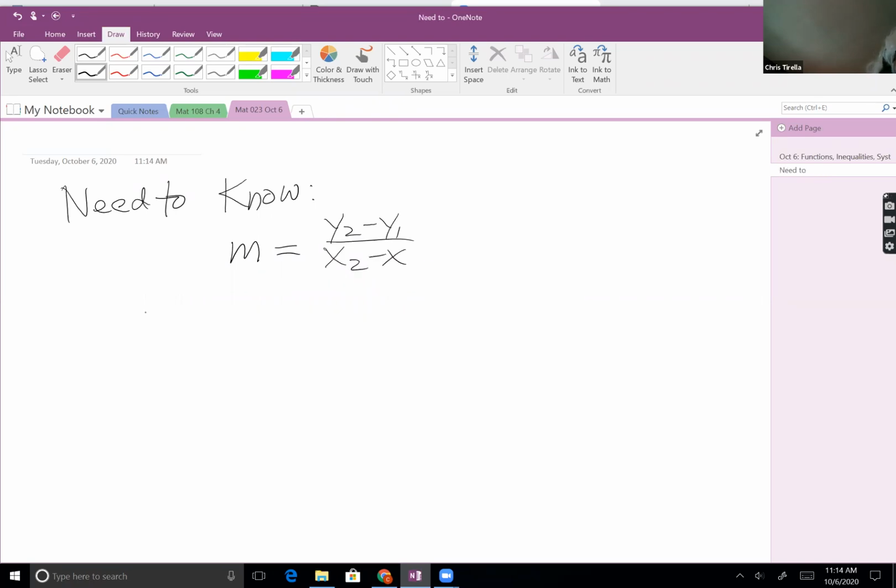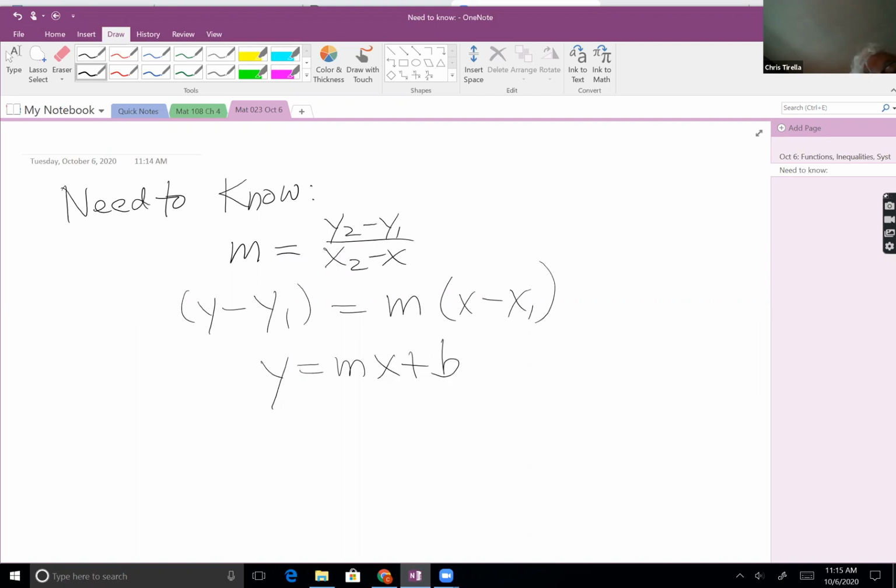You need to know the point slope formula: y minus y1 is equal to m times x minus x1. You need to know the slope-intercept form, y equals mx plus b, and how to use that to graph.